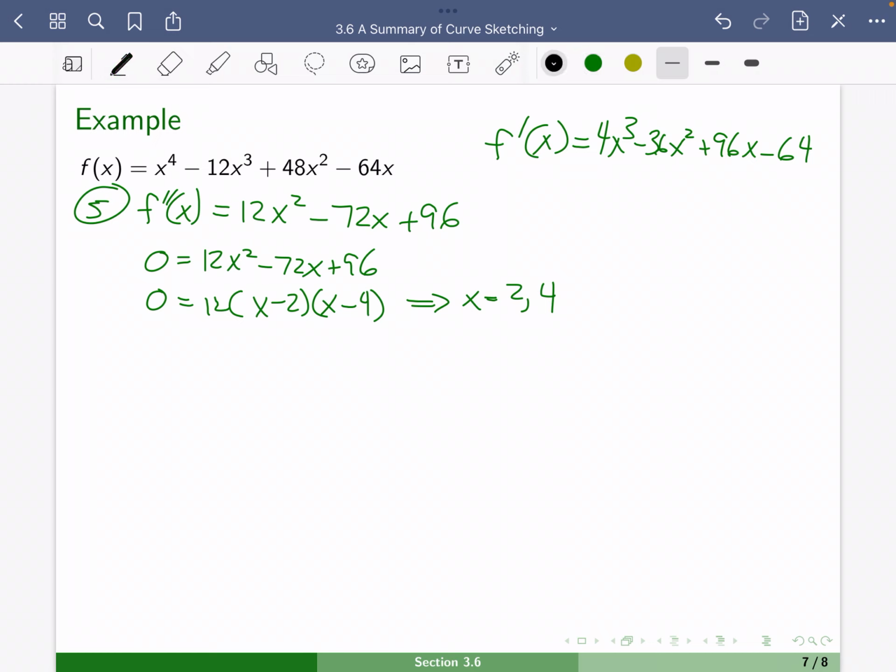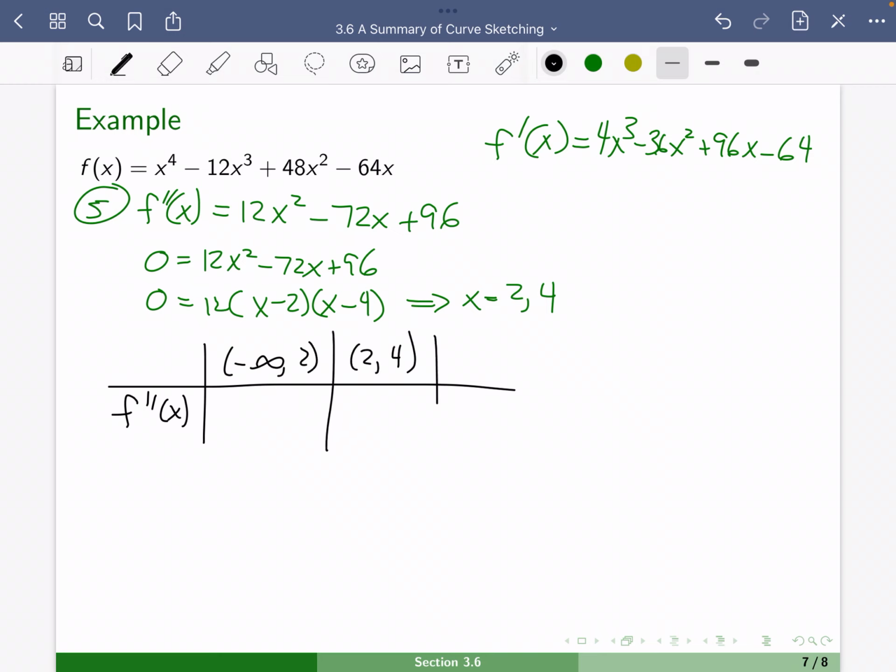So when we do our sign chart here for the second derivative, we're going to go from negative infinity up to 2, from 2 to 4, and from 4 to infinity. Plug in something smaller than 2, like a 0, and we get a sign for the second derivative that is positive. Plug in something between 2 and 4, like 3, we'll get a sign that is negative, and past 4, we get a sign that is positive.